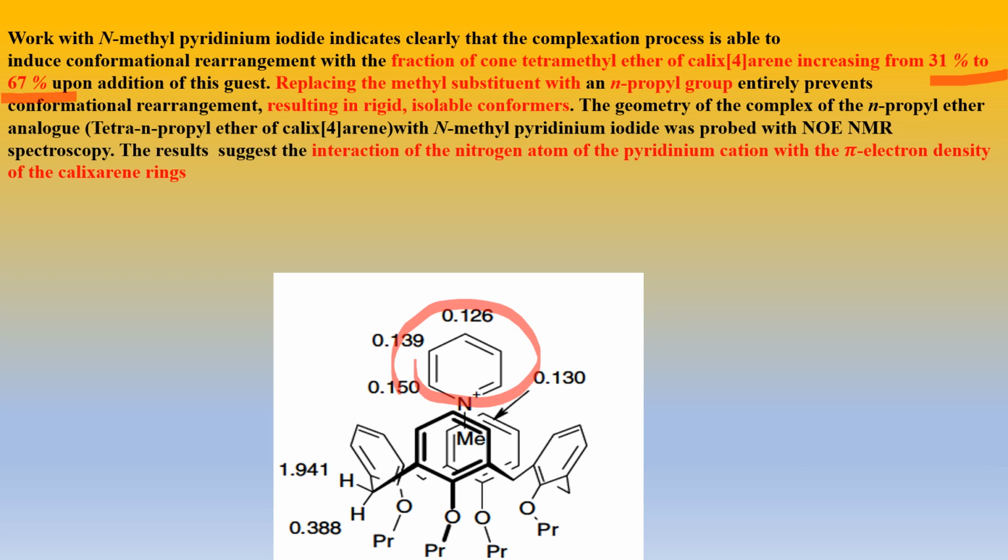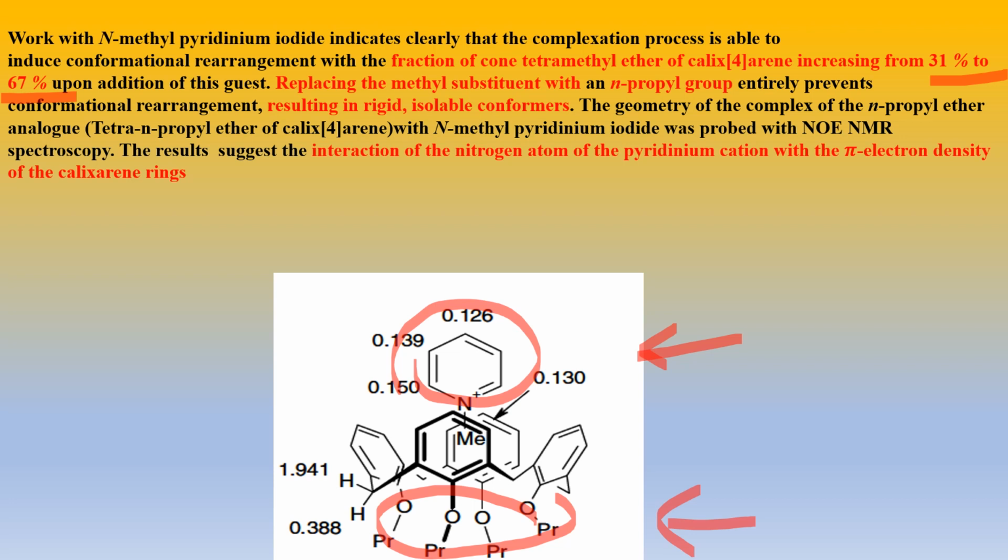The main reason is due to the orientation of the aryl rings in the upper rim to interact with that of the aromatic rings. So the upper rim means upward position, lower rim means lower position. When the aromatic rings themselves rearrange to the upper rim, automatically the alkoxy group will be orienting in the downward position.